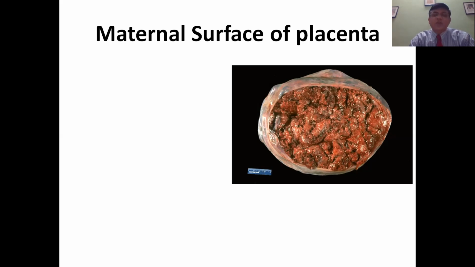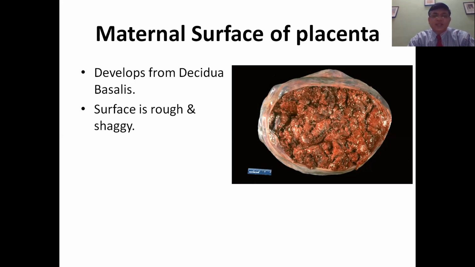There are around 15 to 20 cotyledons as we discussed. So you can take down that this maternal surface of the placenta develops from decidua basalis.